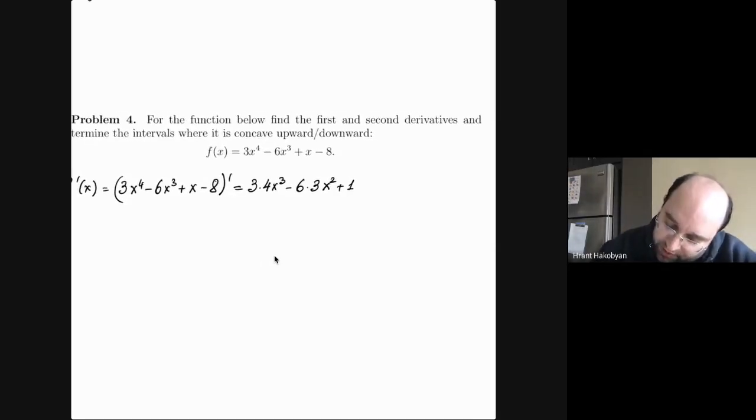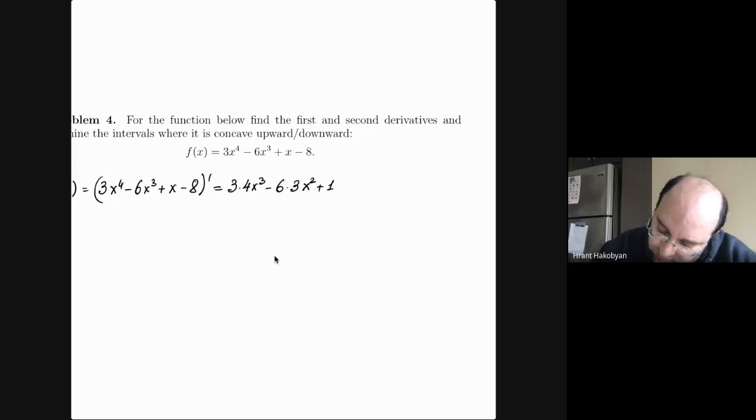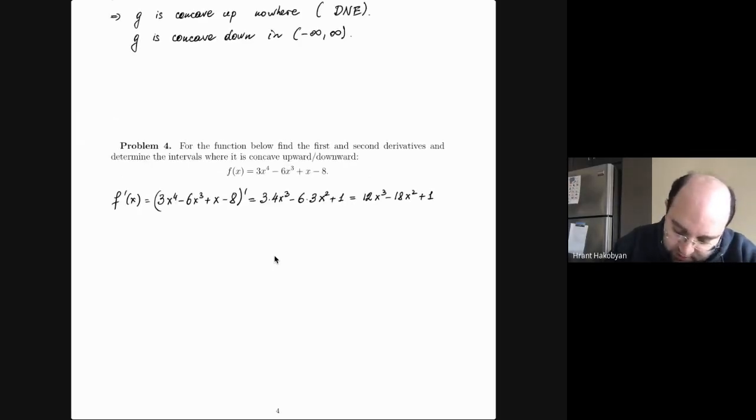So the whole thing becomes 12x to the power 3 minus 18x squared plus 1. Okay, so now let's do the second derivative. That's going to be the derivative of the first derivative, which is 12x to the 3 minus 18x squared plus 1.